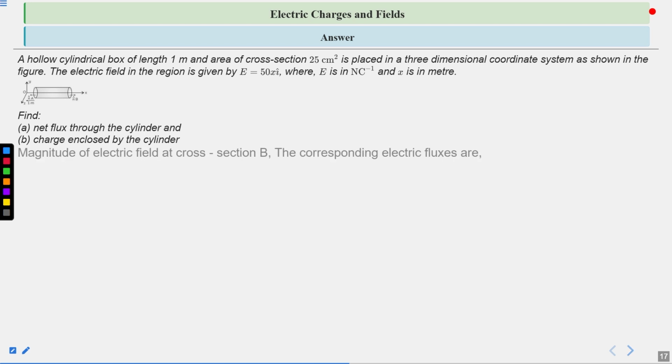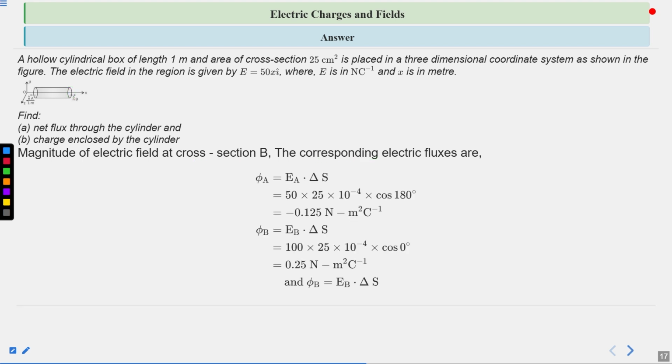Magnitude of electric field at cross section B at this point, the corresponding electric fluxes are EA dot delta S. At point A it will be 50 into delta S.